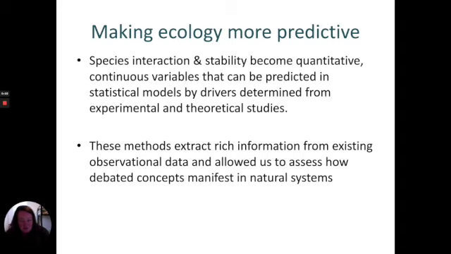And so we can really start to use these methods to test a lot of the ideas and hypotheses put forward by experiments and theoretical models, and see if we can actually discern between these different hypotheses with data from nature. These methods allow us to extract a lot of information from existing data sets that are just sitting there, which is excellent during COVID times especially. And this has allowed us, like I said, to determine how debated concepts manifest in these natural systems.